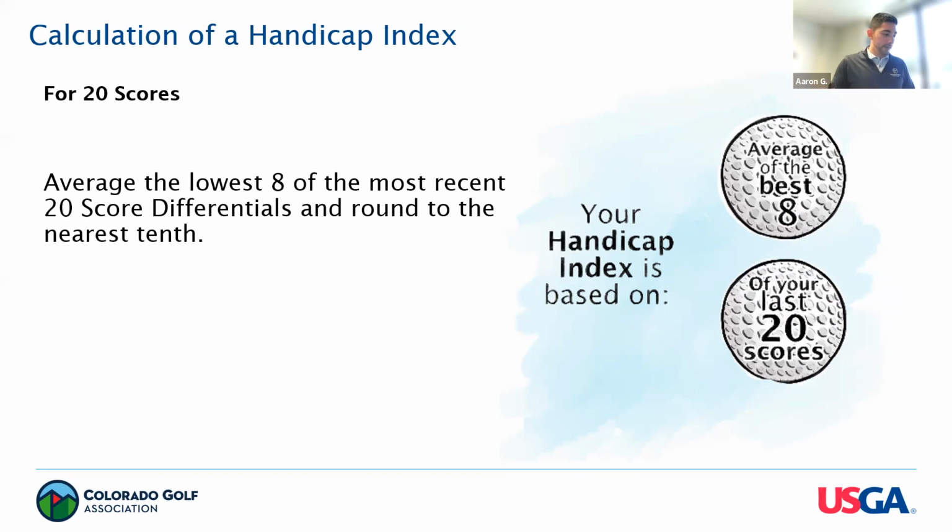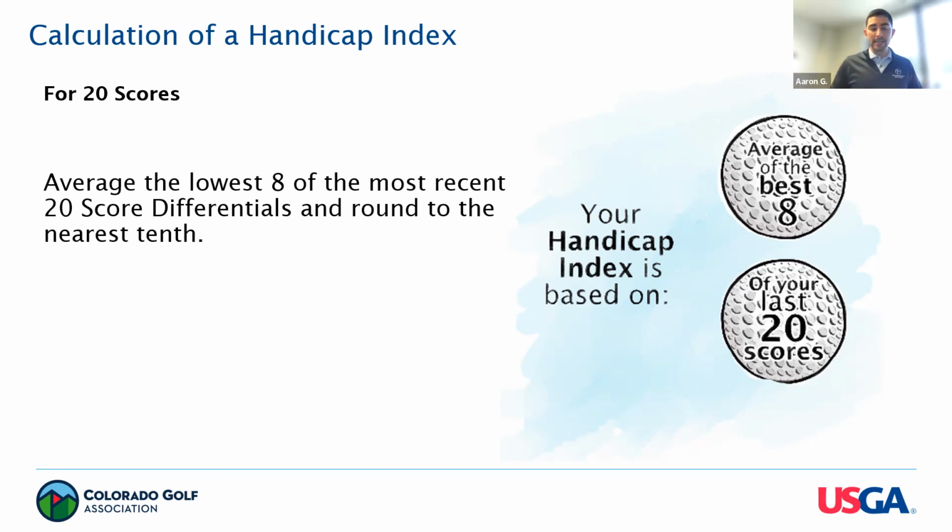And who I'm referring to by "they" is the WHS board, comprised of the 7 governing or the former governing bodies of a handicap. Instead of taking that old handicap equation and keeping it the same, they said, let's just get rid of it. We're going to calculate a handicap index using the 8 lowest score differentials out of the previous 20 scores.